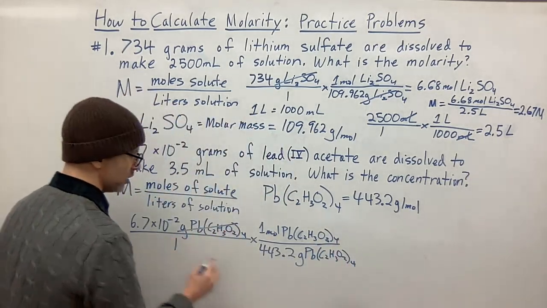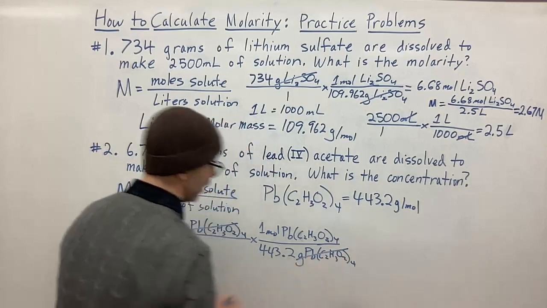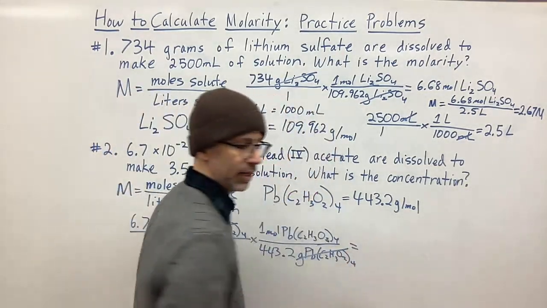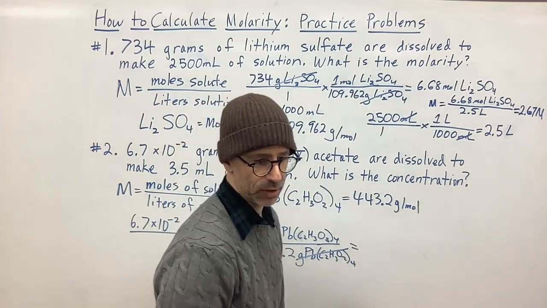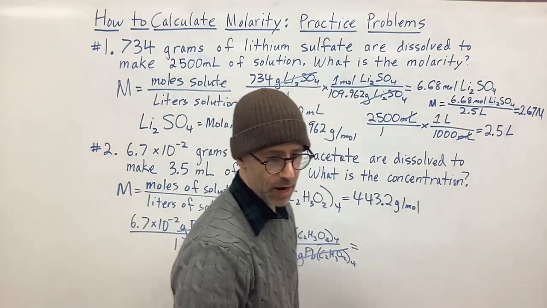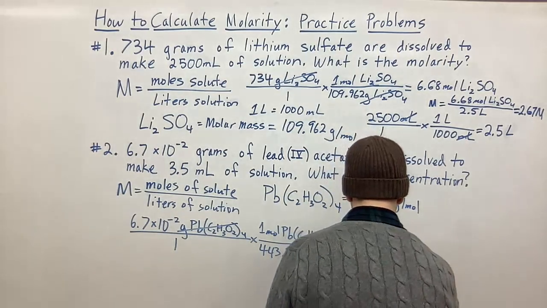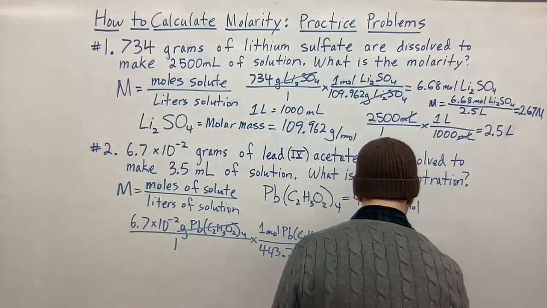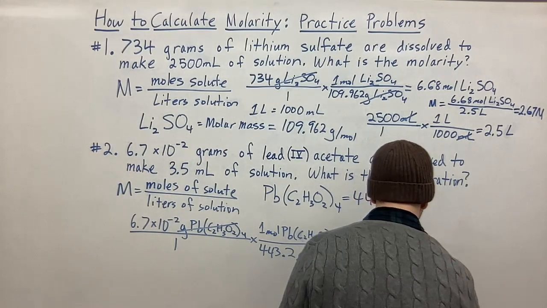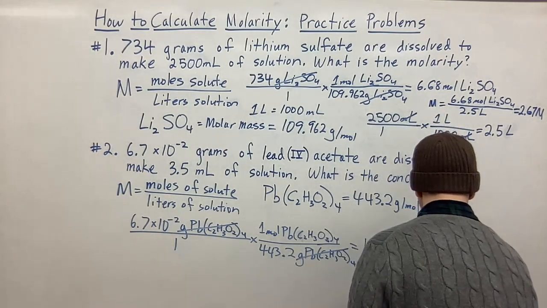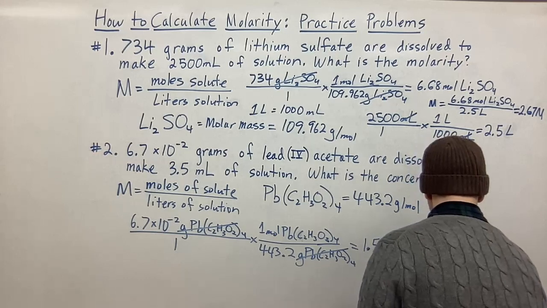So grams of the lead 4 acetate cancel out. Now I have moles. So I do my calculation and I get 1.51 times 10 to the -4 moles of my lead 4 acetate.